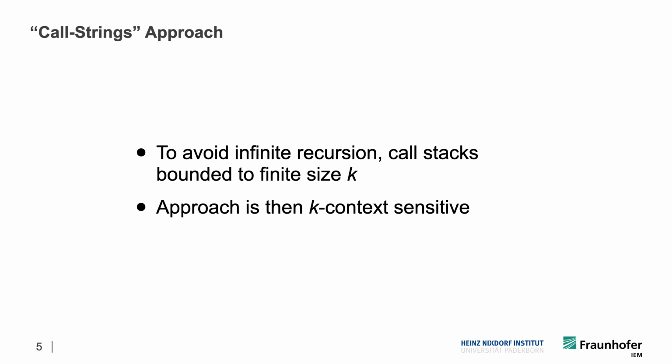So we need to basically bound the abstract domain and make it finite, and that we do by limiting the call stack to a finite size k, so that we then in the end have a so-called k context sensitive approach. And we discussed that there are different ways in which this k can be limited, but in practice it's typically very low, right? So it's a very small number, in the order of, I don't know, 1 to 3 or something like this. So typically you won't see any larger k than that.